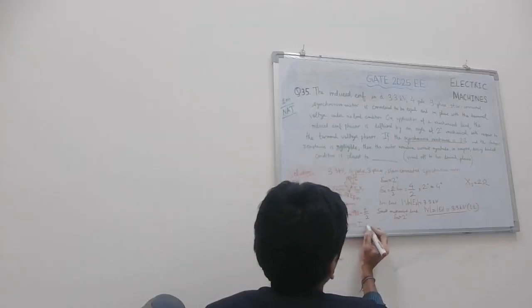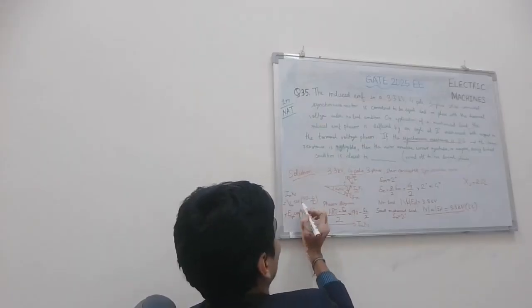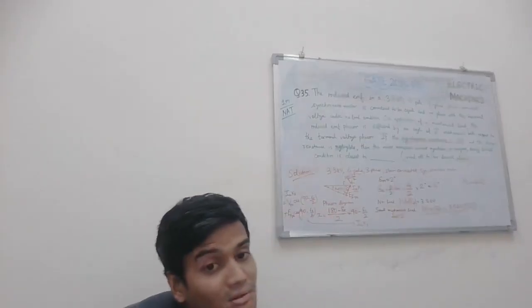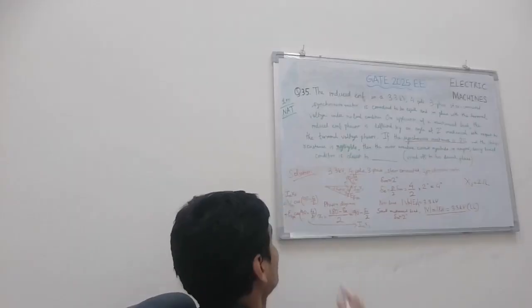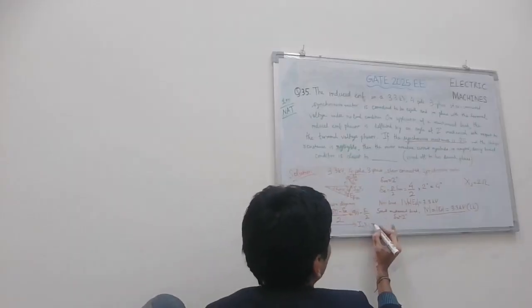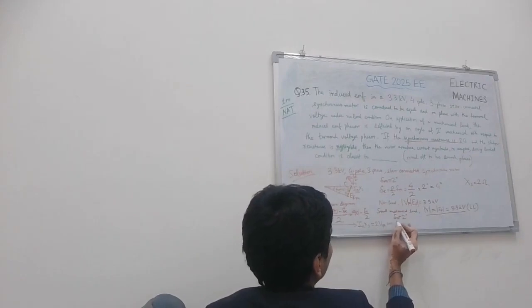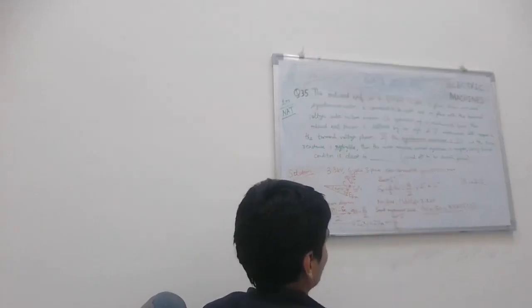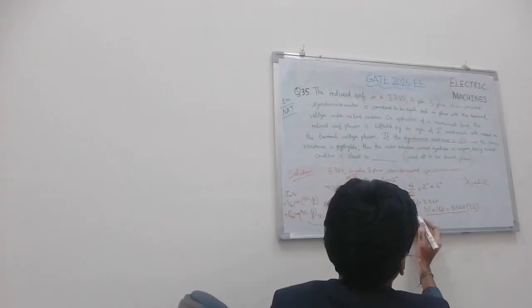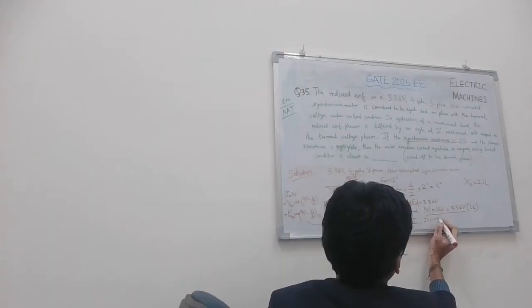Taking the details and the values, we get sine related: two sine delta by two.